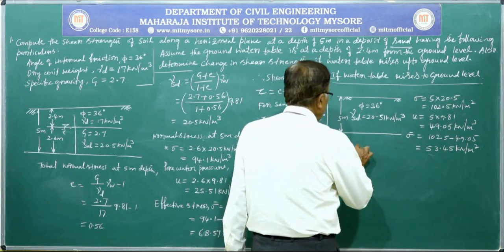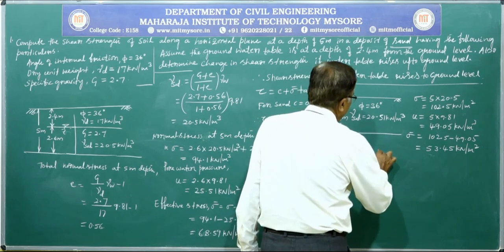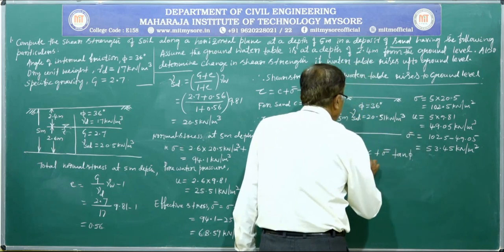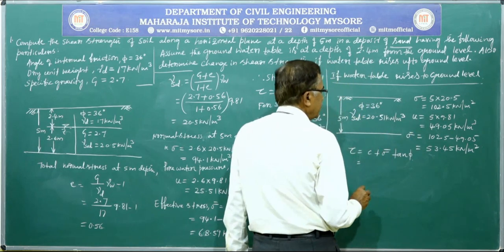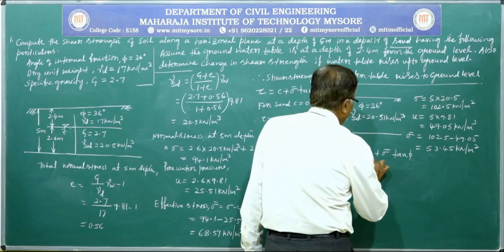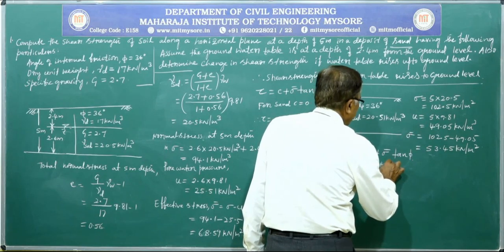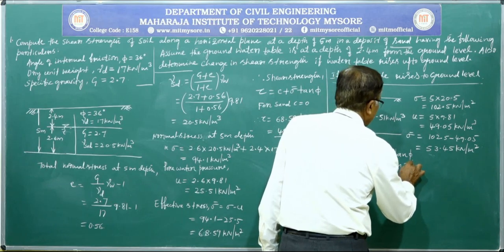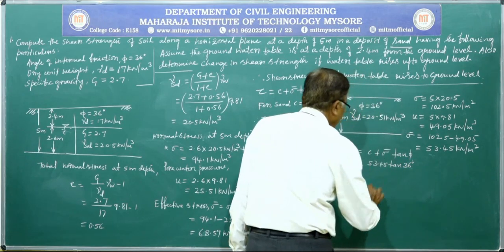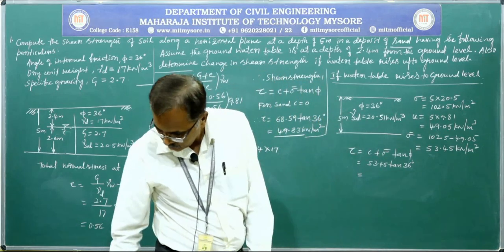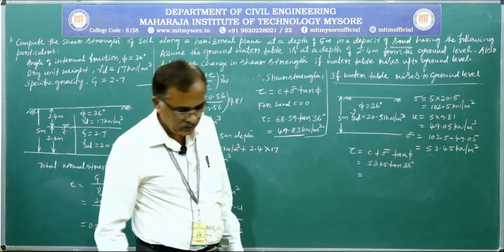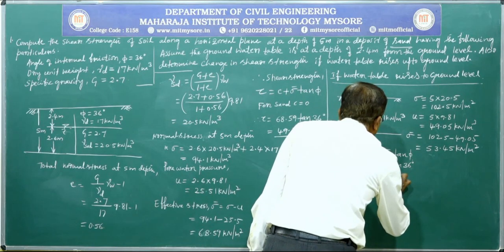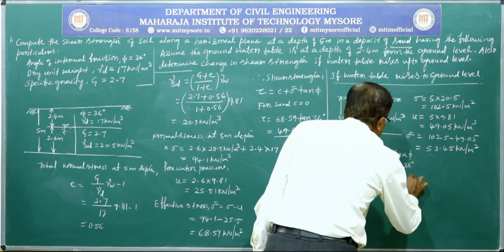Then shear strength tau is equal to C plus sigma bar tan phi, that is equal to, again C is 0 here, 53.45 into tan 36 degree, that is equal to 38.83 kilonewton per meter square.